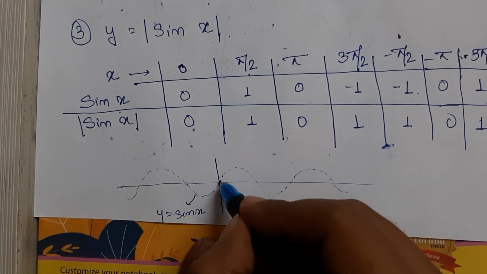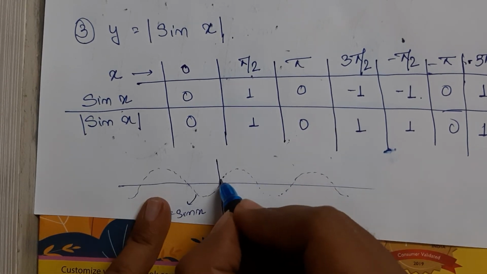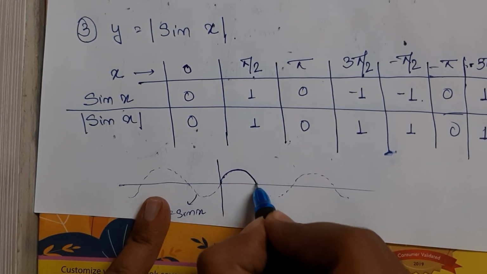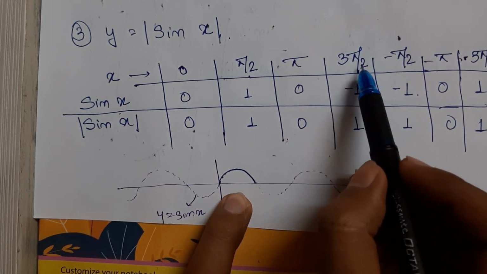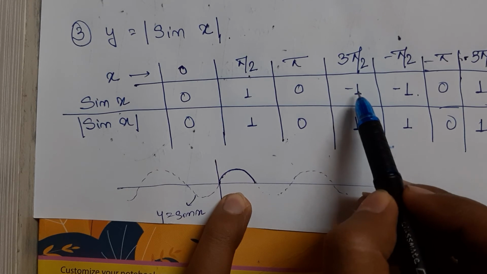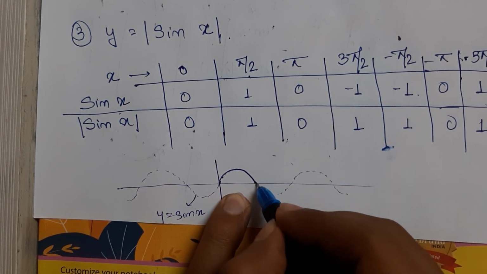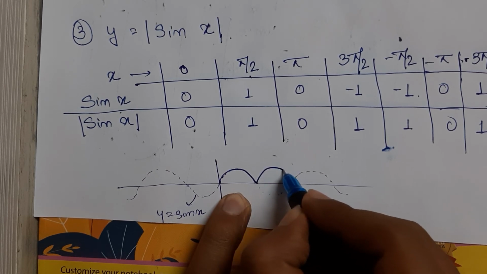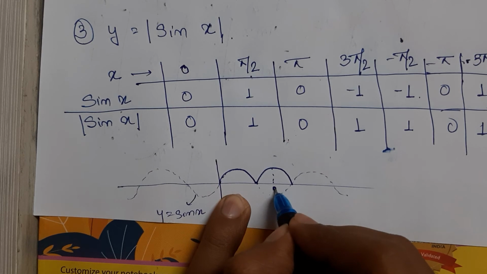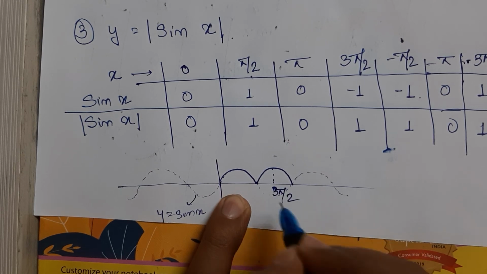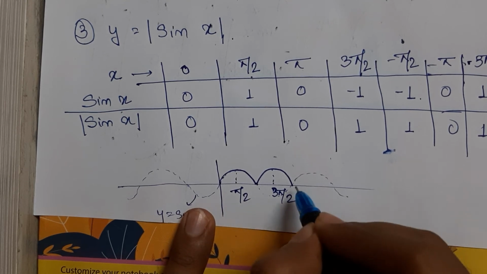For 0 it will give 0, for pi by 2 it will give 1, so this curve will be the same. Now for minus 3 pi by 2 it would give minus 1, but now, because there is a mod value, it will give 1.